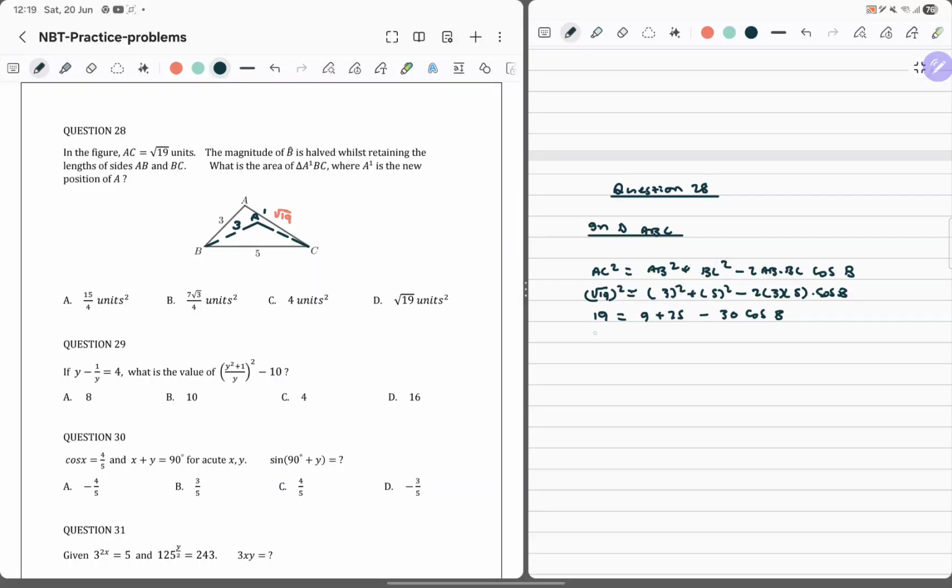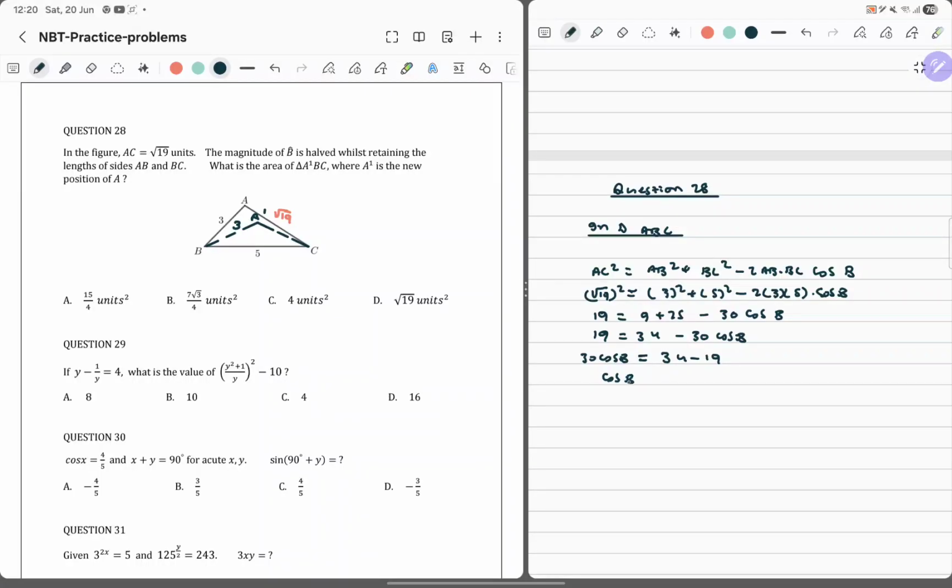So we've got 19 equals 25 plus 9, this gives us 34, right? 34 minus 30 cos B. Now we move this, it's going to be 30 cos B is equal to 34 minus 19.